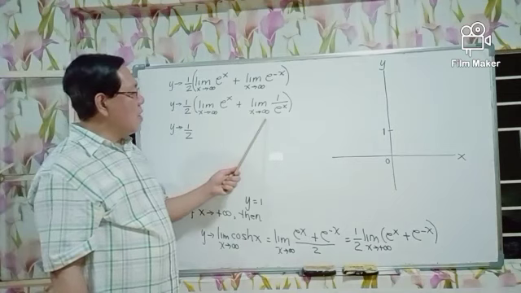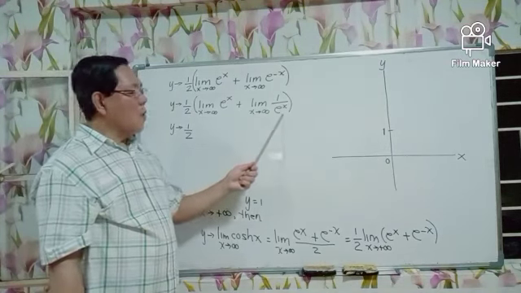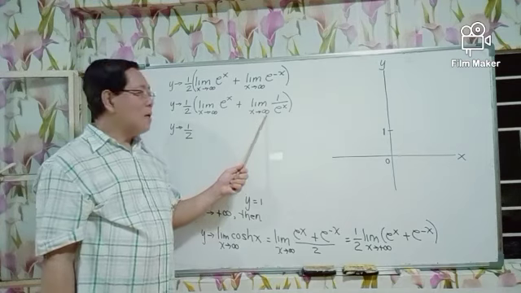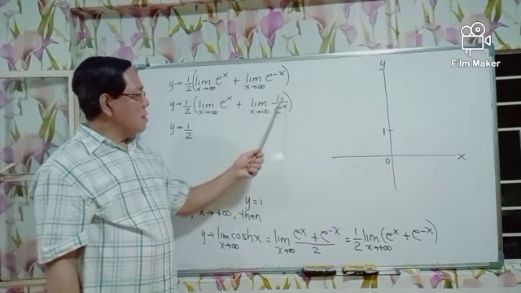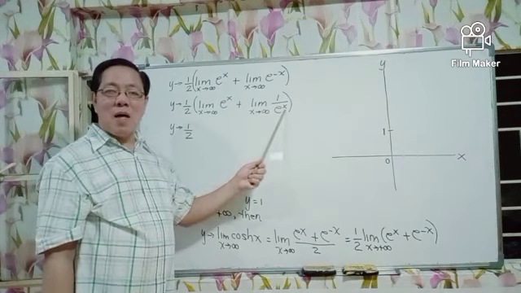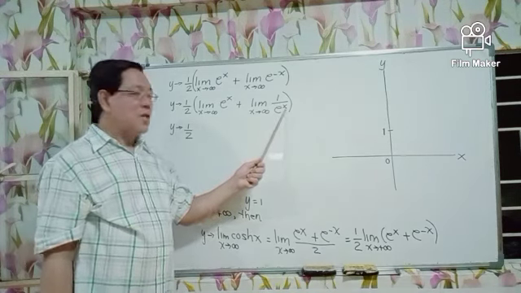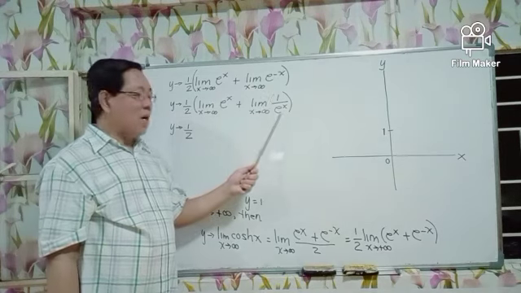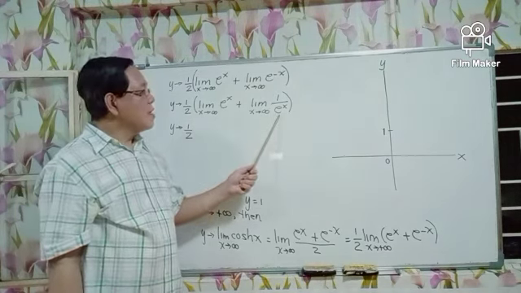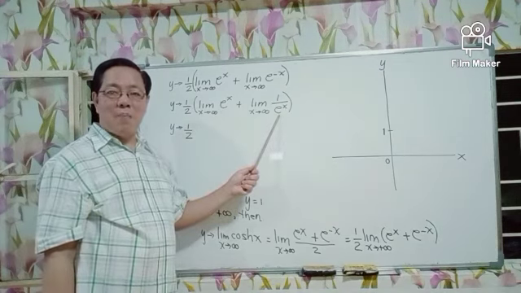But the limit of 1 over e to the x as x approaches infinity is 0, because if x approaches infinity, e to the power x becomes very, very large. And if you divide 1 by a very, very large positive real number, the value will approach 0.